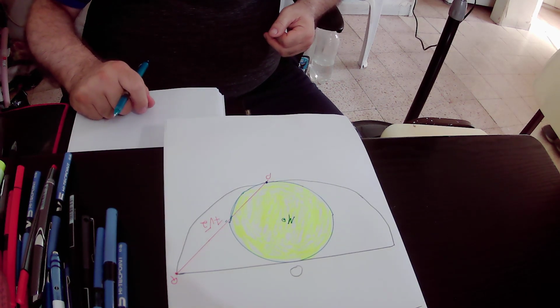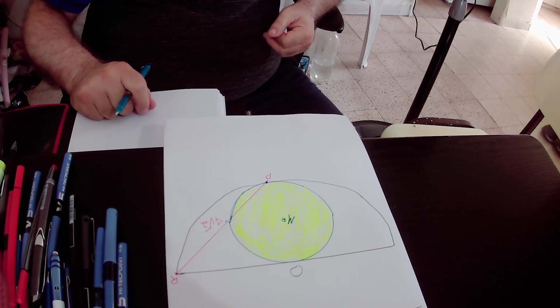So in order to find the area of the yellow circle, we must know the radius of the yellow circle.